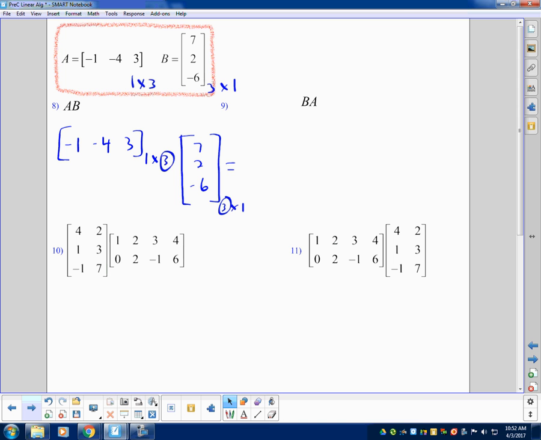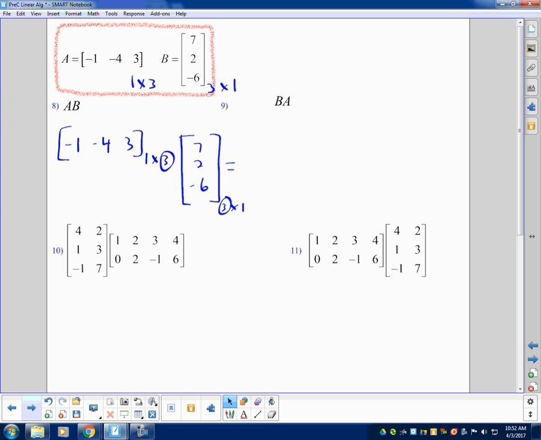By the way, if you take out these inner dimensions, it will tell you what your solution matrix size will be. So if you remove these, what's my solution matrix size going to be? If you take these out, you're left with a 1 by 1.